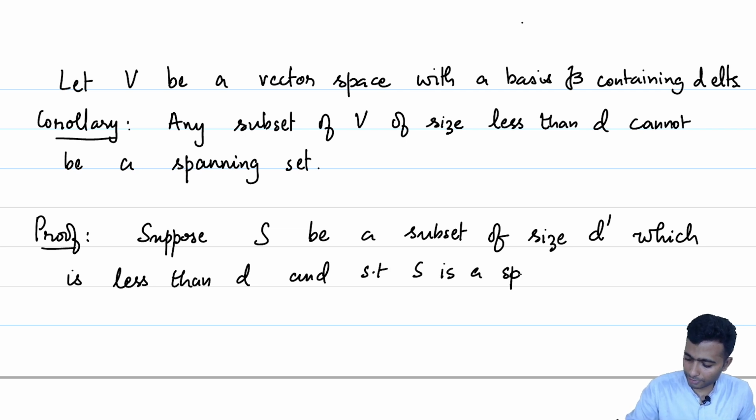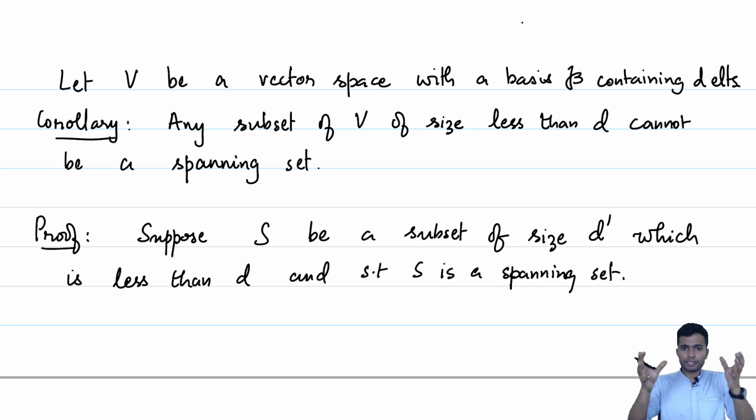We will arrive at a contradiction. We are saying that if you take any set which has size less than D, it cannot be a spanning set, right. So, let us assume that there is one such set S which has size D prime, where D prime is less than D and S is a spanning set.